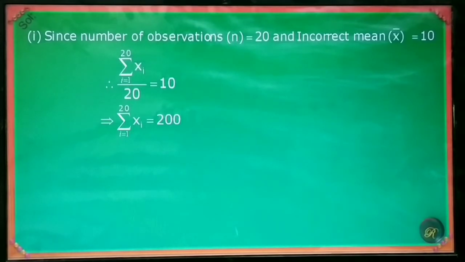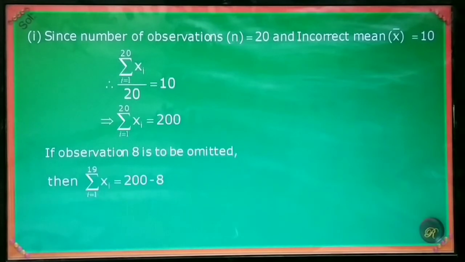If observation 8 is omitted, then sum of 19 observations is equal to 200 minus 8 is equal to 192.